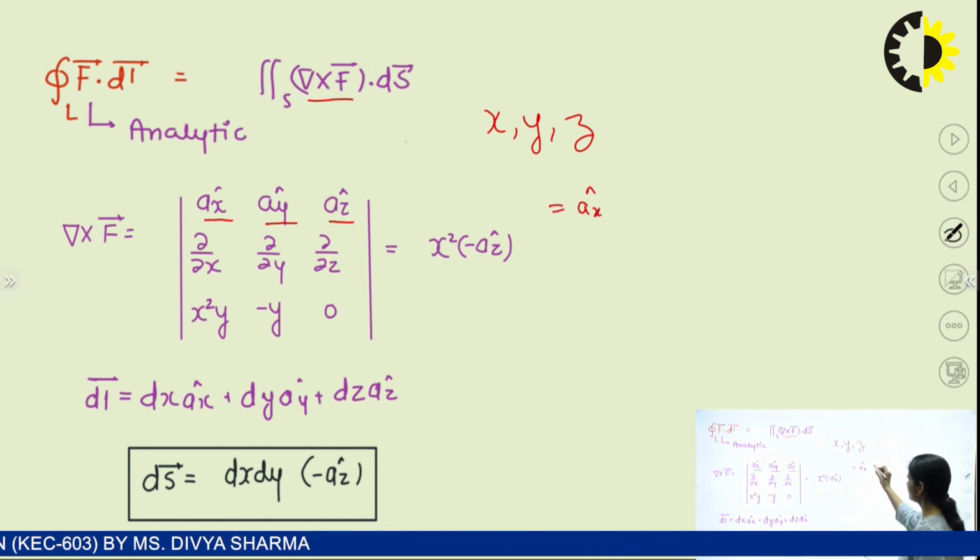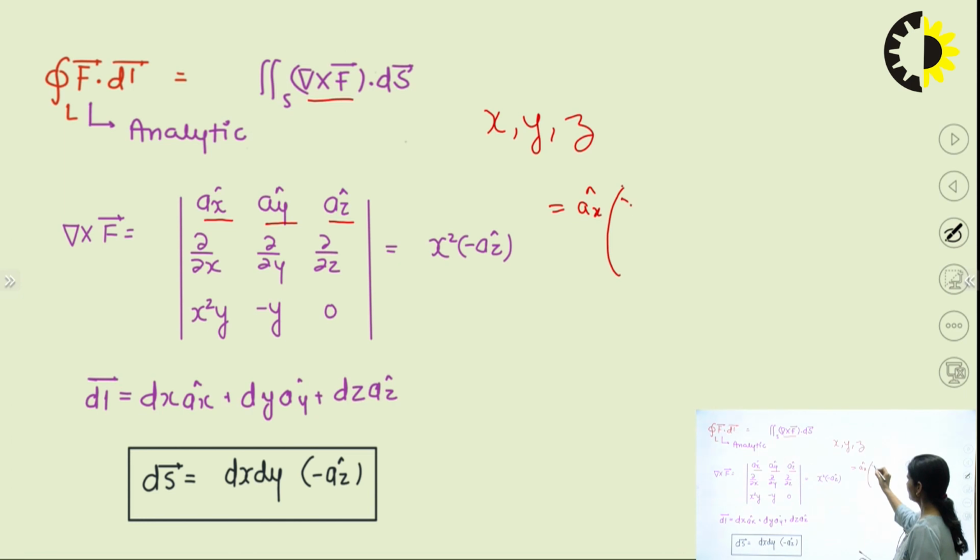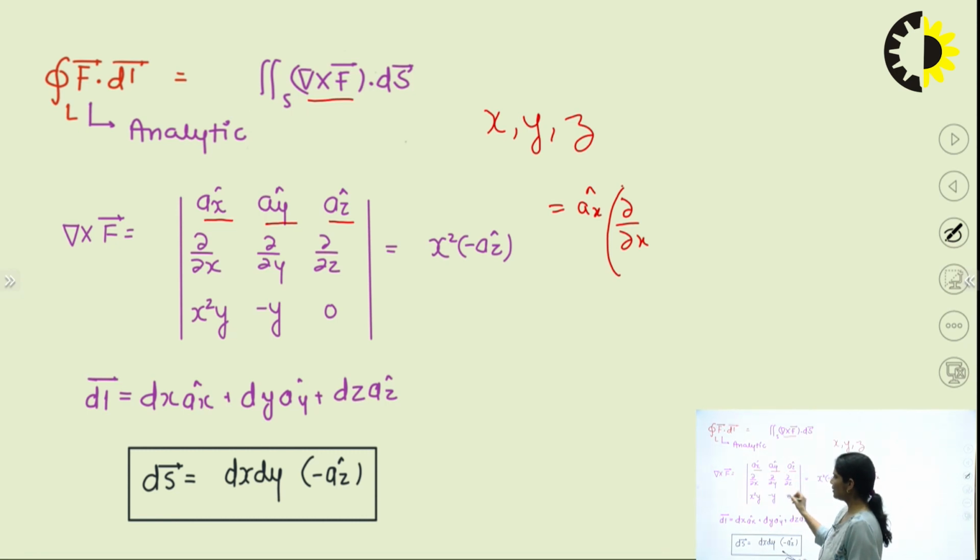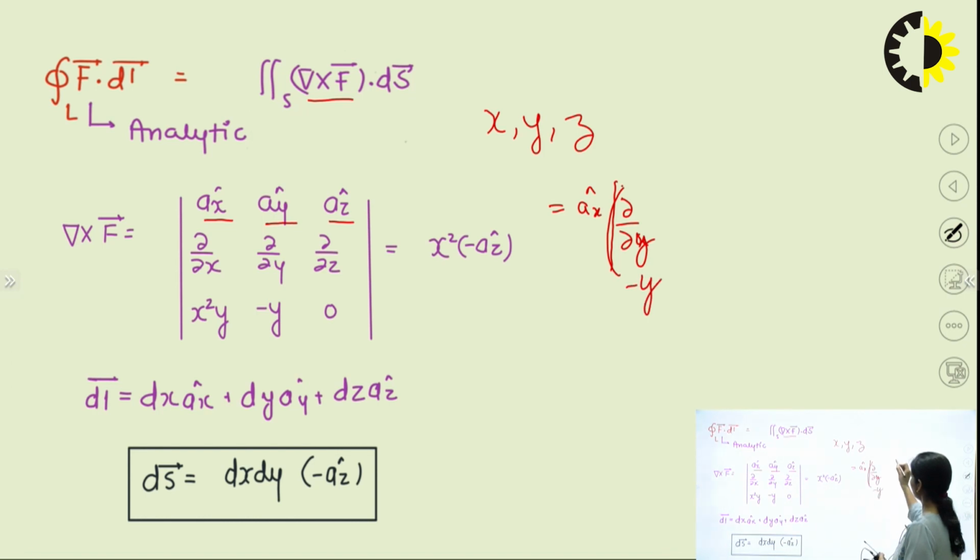For ax, del upon del x. So leave this row and this column, and write down the remaining part. Write it like this: this is a matrix, del upon del y, minus y, del upon del z, here 0. This is your first matrix.